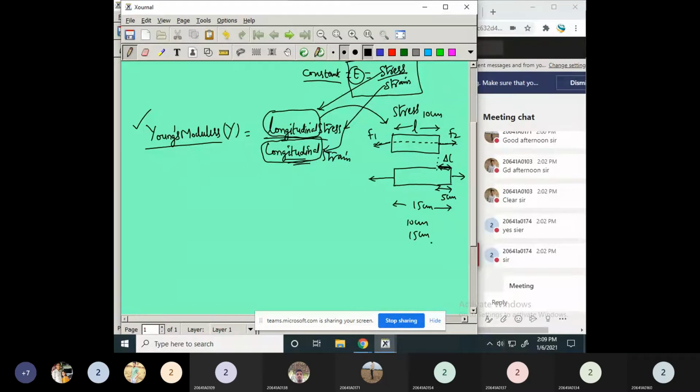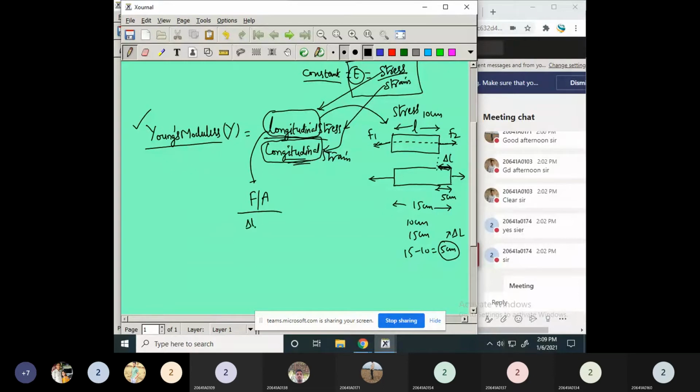Now what is the change here? You will get 15 minus 10, that equals 5 centimeters. So this is the change in the length. So you will consider this as delta L. Now how do you give the stress here? The stress is given as force applied per unit area. And what is the strain given as?